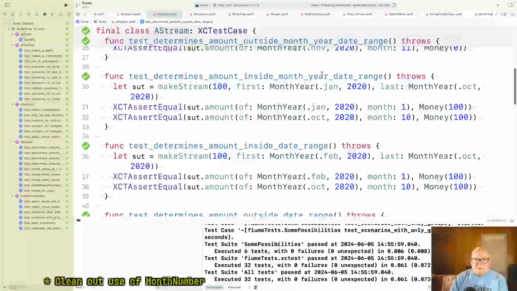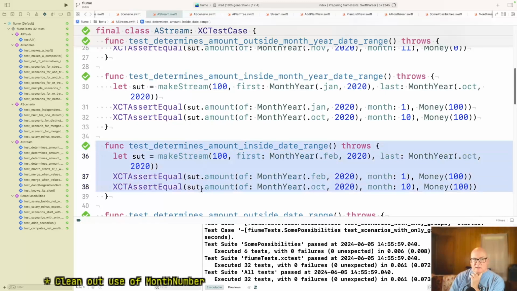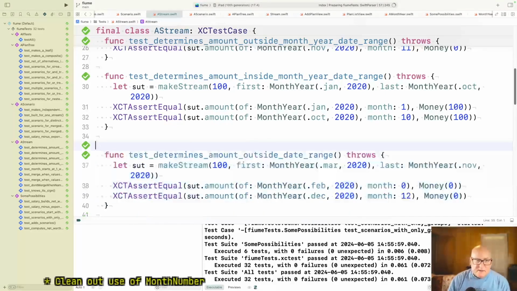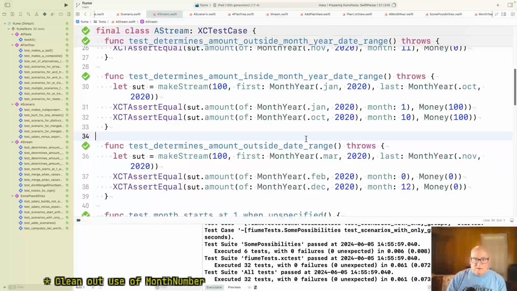Determines amount inside month year date range. Inside date range. These are identical tests, right? Other than the well, the slight change in date, but that shouldn't affect it. Okay, one of those was a month test.